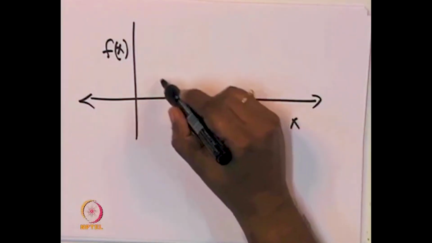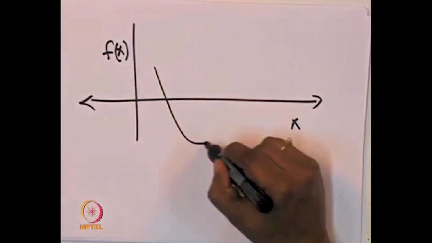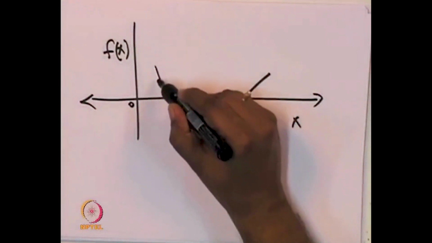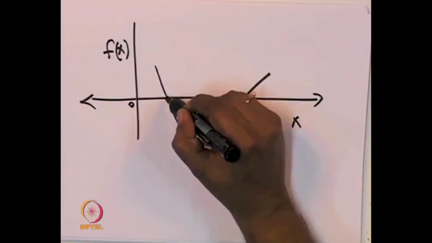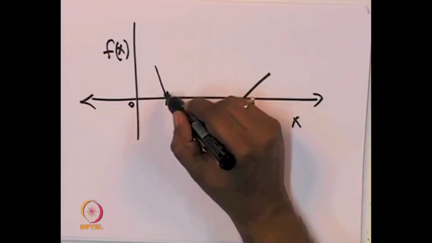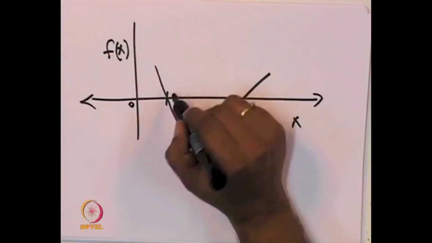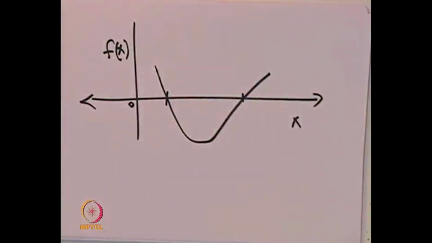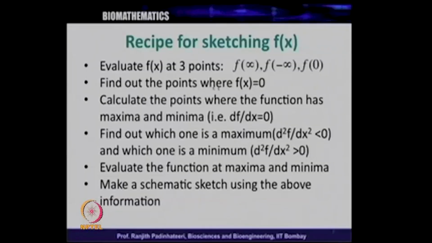That will give us some idea of where the function is crossing 0. If the value is 0, it is touching 0 there, so it is likely that it might cross 0 there. So, the second thing we do is find out the points where f of x equals 0.